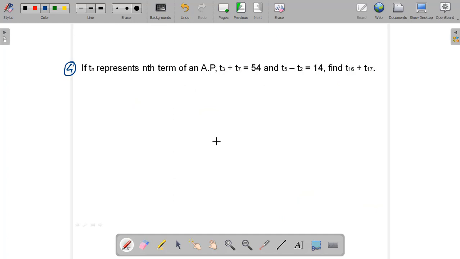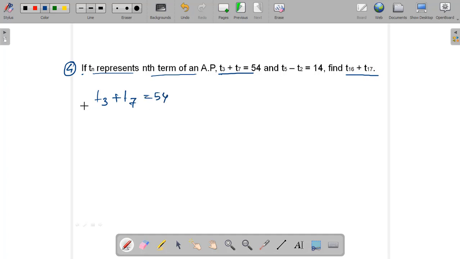Now we explain our fourth problem. This is our last problem actually. So if Tn represents the nth term of an AP, where T3 plus T7 equals 54 and T5 minus T2 is equal to 14, then find T16 plus T17. Okay, so first we take the first relation, that is T3 plus T7 equals 54.